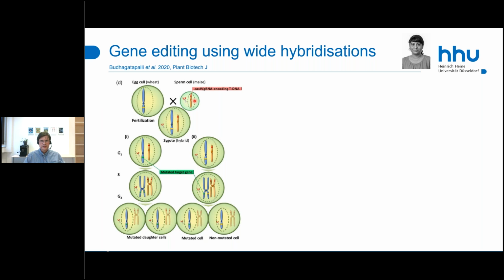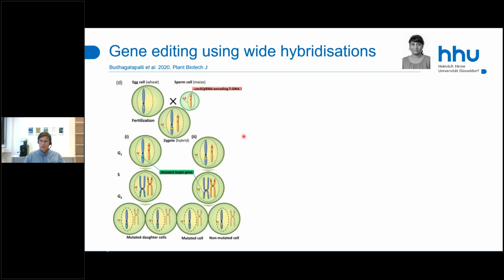The benefit of this is that during or after fertilization and cell division, you get rid of one of the genomes. This could be useful if you want to do site-directed mutagenesis in a species which is rather recalcitrant for transformation, like wheat.